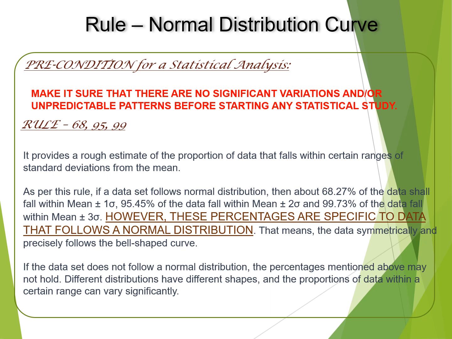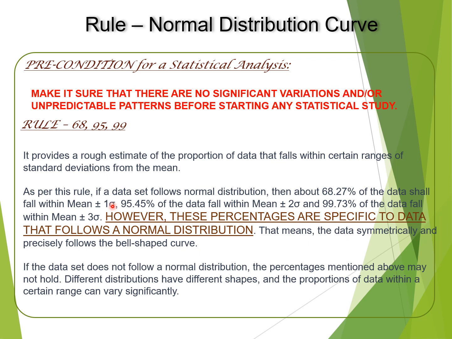In statistical study, there is a rule called the 68-95-99 rule. Basically, it provides a rough estimate of the proportion of data that falls within a certain range of standard deviation from the mean. So as per this rule, 68.27% of the data shall fall within mean plus minus 1 sigma.